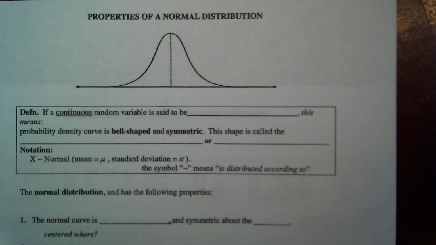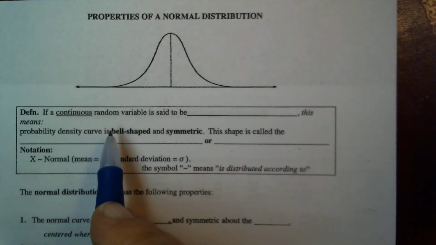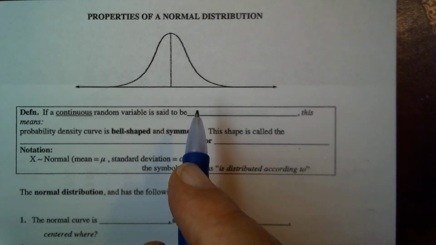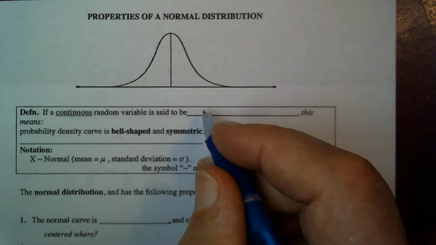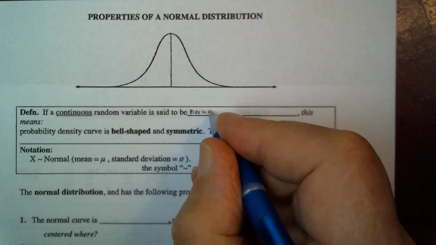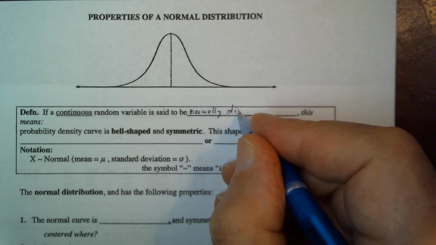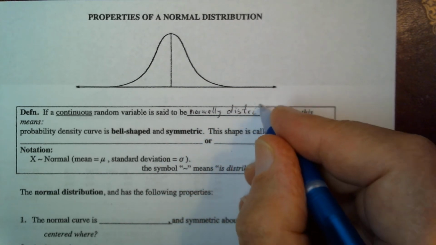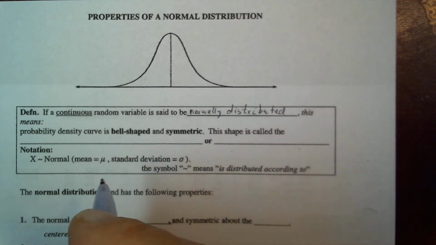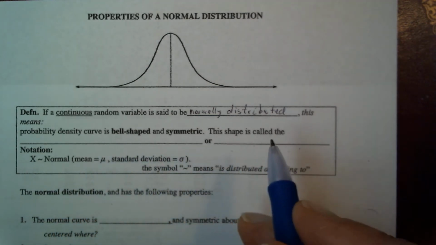Next, we're going to talk about normal distribution. So here's a definition. If a continuous random variable is said to be normally distributed, this means the probability density curve is bell-shaped and symmetric.